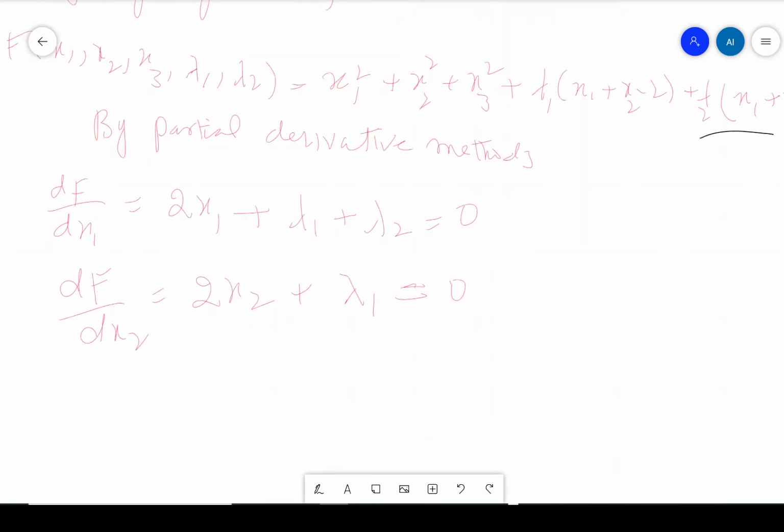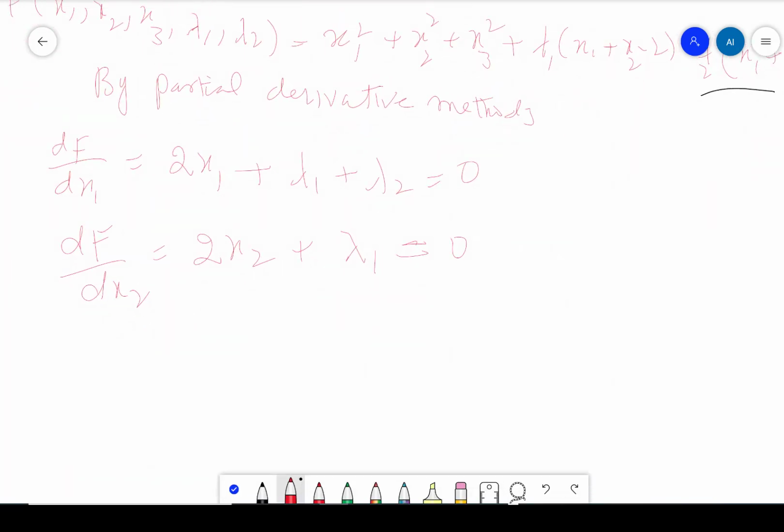Similarly, for the third variable, the derivative with respect to x3, the equation will become 2x3 plus lambda 2, since x3 is in this equation. So let's say this is equation number 1, this is equation number 2 and this is equation number 3.